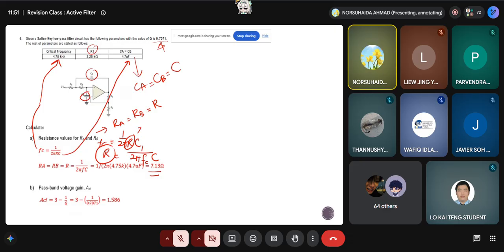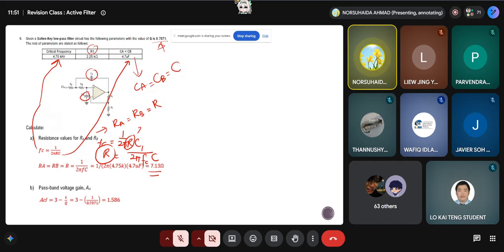ACL is the closed loop gain. Okay, ACL means that closed loop gain. So from here, we get the equations actually. Just substitute the value and then we should get this value of Q is given 0.7071.